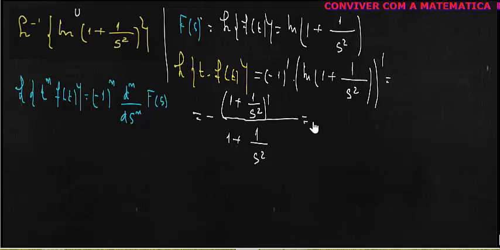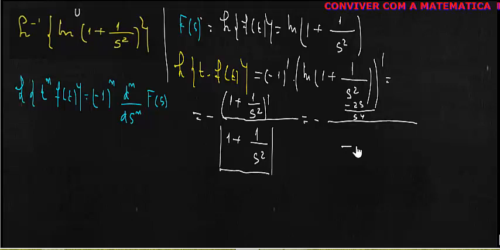And now I'm going to make the calculations. It is the same as to have minus the derivative of 1, which is 0, and now I must differentiate 1 over s squared, which equals s to the fourth times s squared derivative of 1, which is 0, minus 2 times s. And now in this part of the expression I'm going to give the same denominator, and turn it more simple.